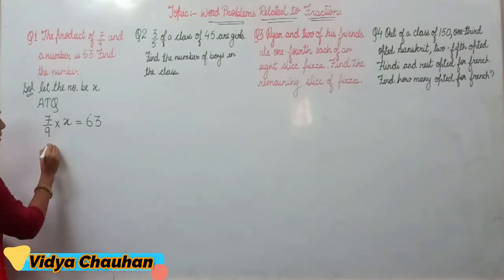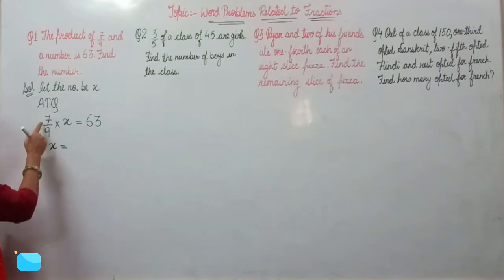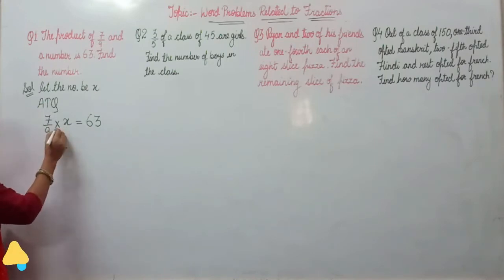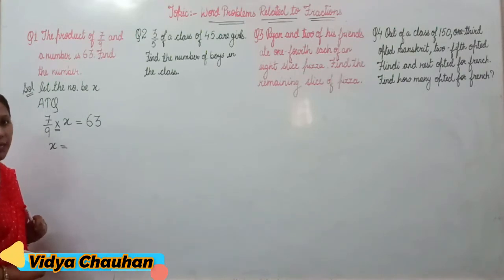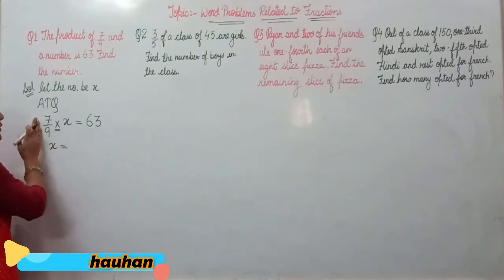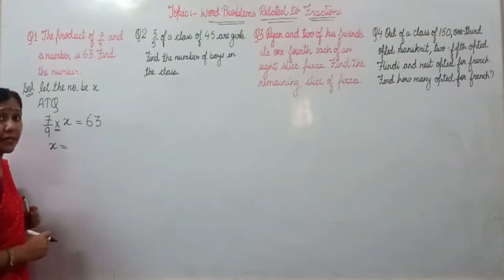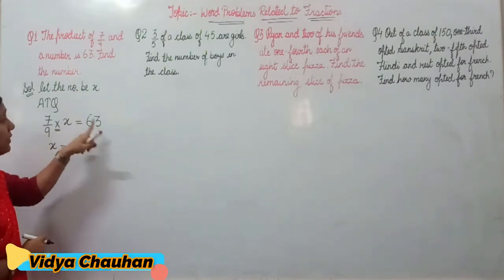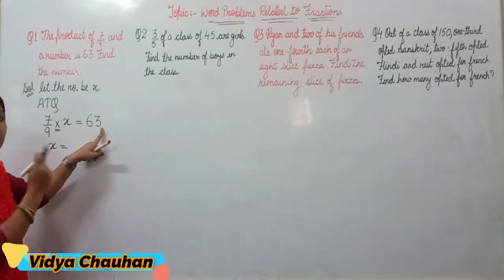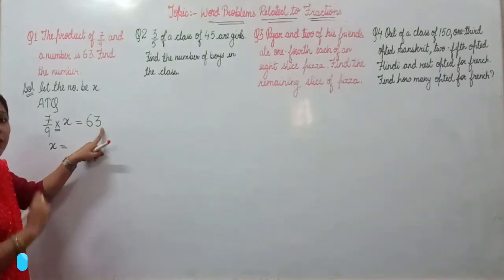Keeping x on the left hand side, 7 upon 9 and x are separated by the symbol of multiplication. Now I have to shift 7 upon 9 to the right hand side. Since it is multiplication, when I transpose this value to the other side, multiplication will become division.